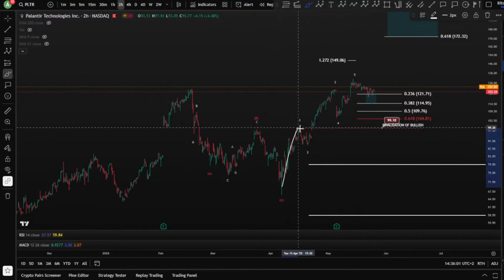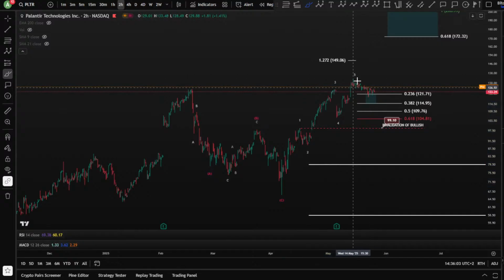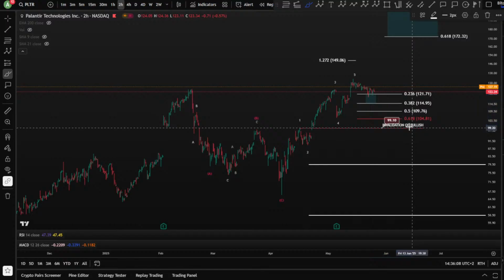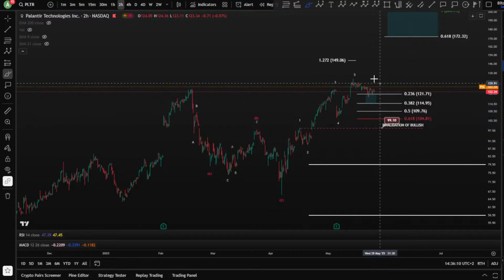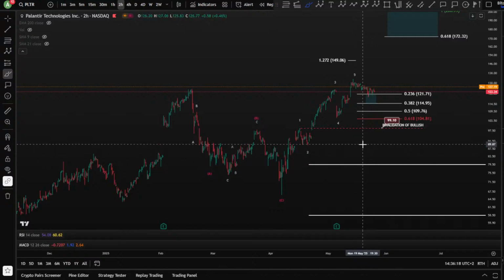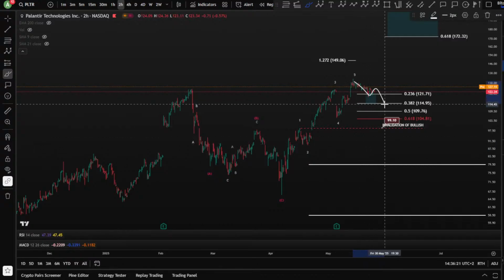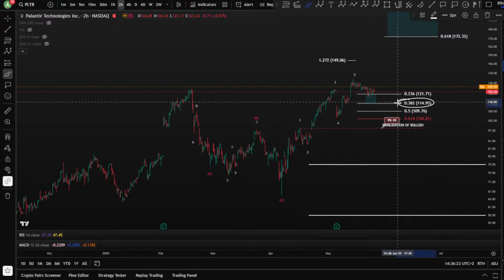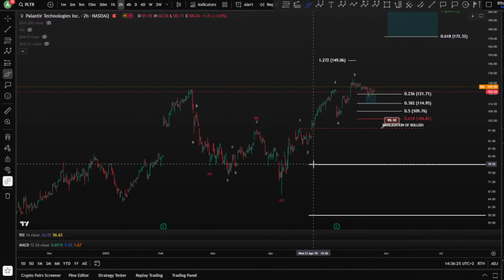What if we have a 1, 2, 3, 4, and a 5 finished, took the high, and of course moving towards the downside? Now, if we are moving towards the downside, you take a look here. You see a lot of correction. Nothing is impulsive. Nothing indicates that we're moving very bearish. Of course, you still can have ABC hitting the 0.38 and moving toward the upside.